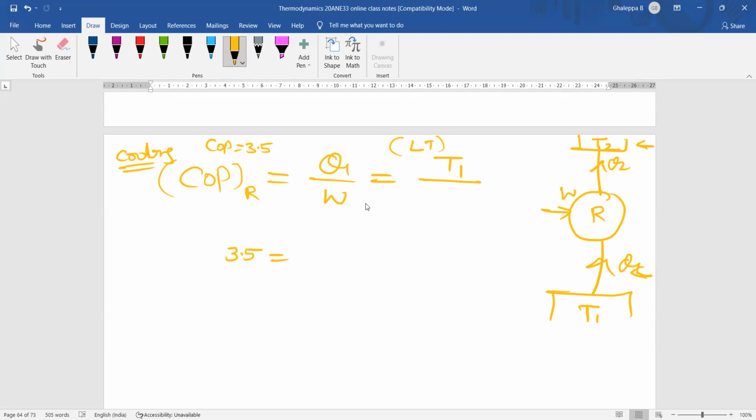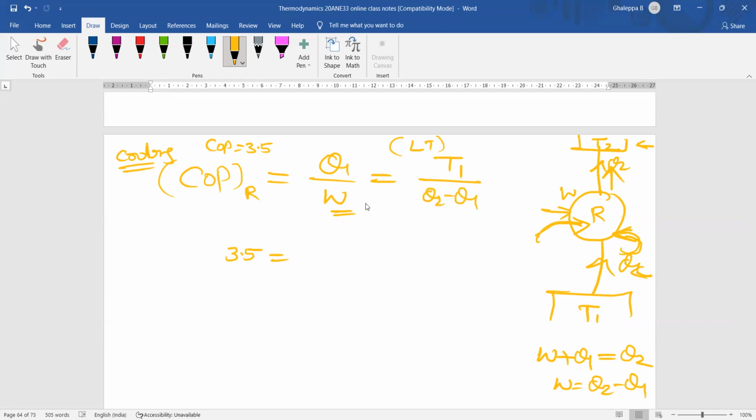Input is equal to output. Here W is one input, Q1 is one input, equal to Q2. Sum of two inputs is equal to one output. So I need W in terms of Q1 and Q2: W is Q2 minus Q1.